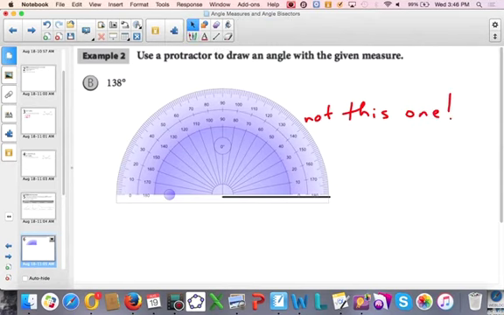I'm looking at this one over here. So 138 would be right there. So I put a dot there.